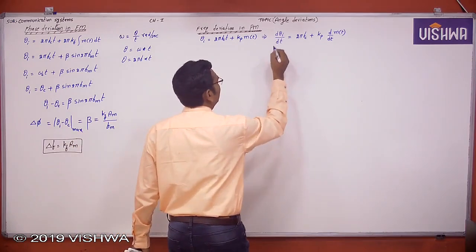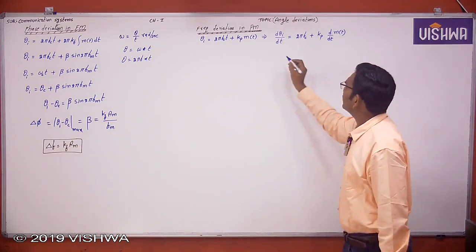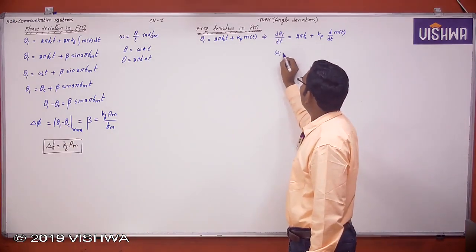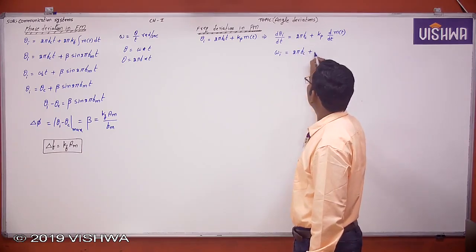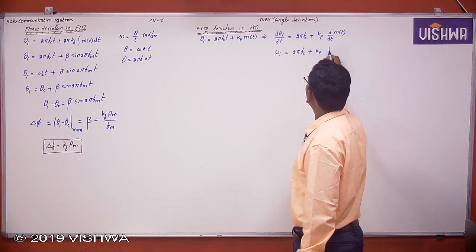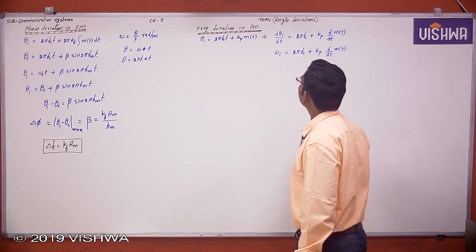Now d theta i by dt is equal to omega i, which is equal to 2 pi fc plus kp into d by dt of m of t.